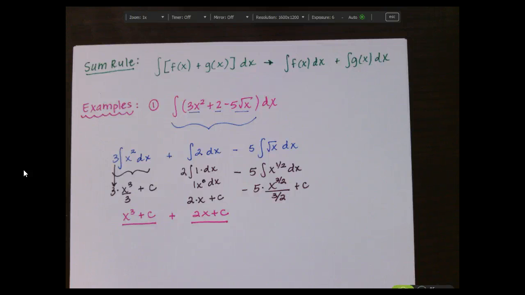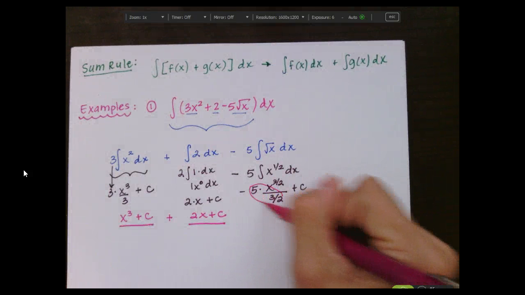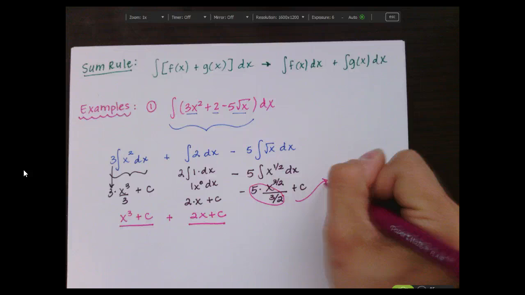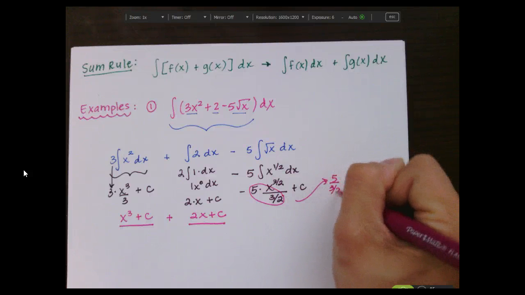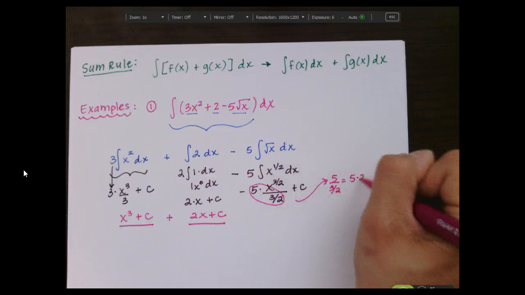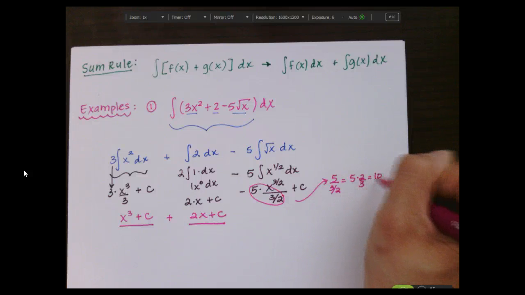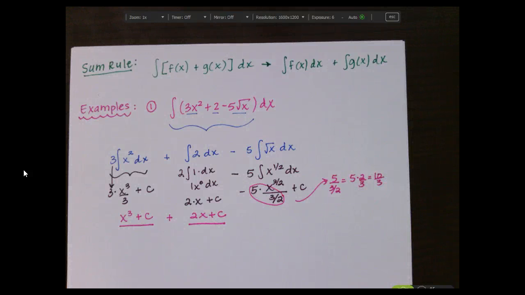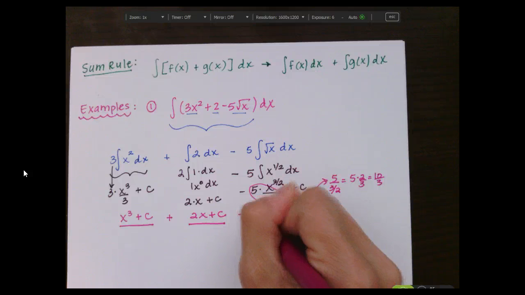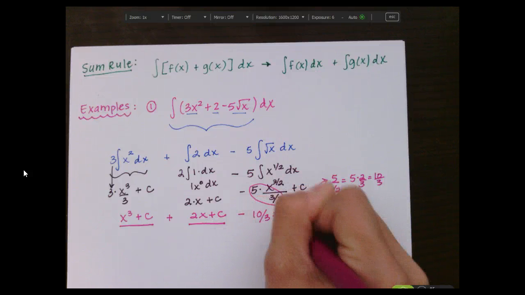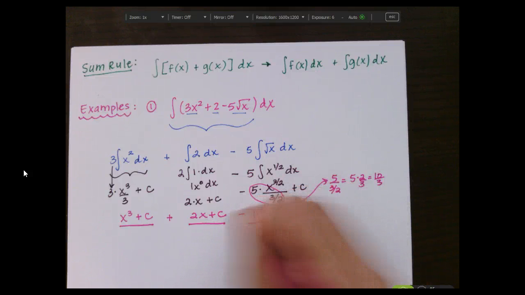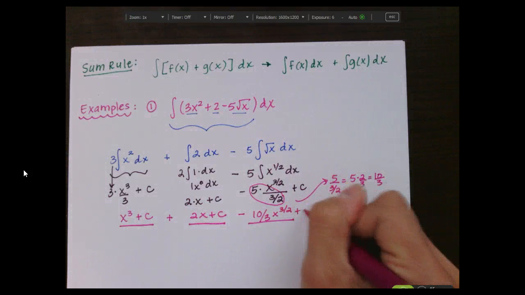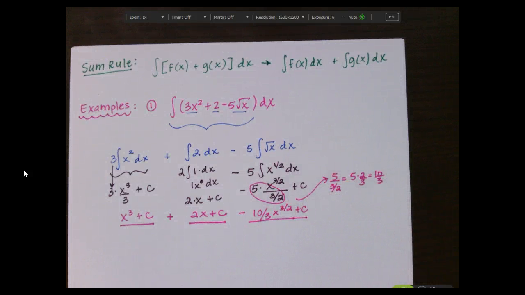So there's some cleanup to do here. First of all, I've got 5 divided by 3/2. And remember that's equivalent to 5 times 2/3, which is 10/3. So I've got minus 10/3 x to the 3/2 power. And then I've got a constant added to the end.